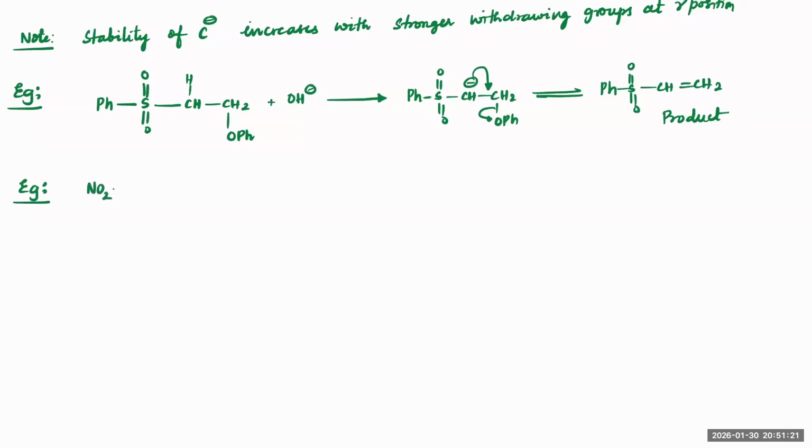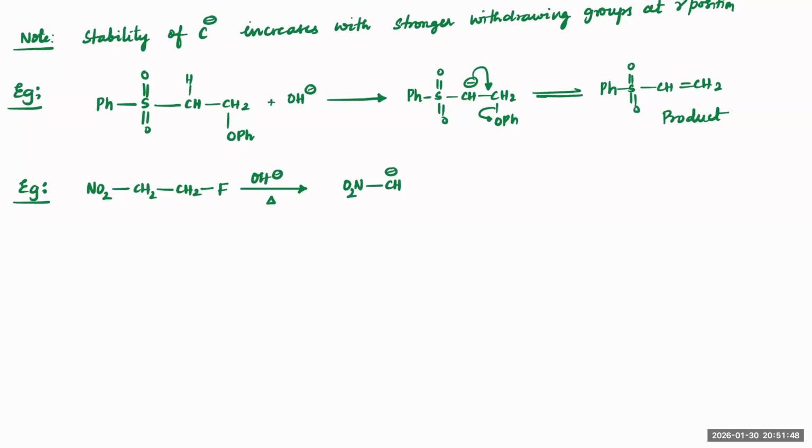See, NO2 is connected with CH2, then CH2 fluorine. Okay, and this is being treated with OH minus and heat. So what do we get? This OH minus can take H plus away from here. The gamma position itself is covered by NO2. That is going to make it more stable because NO2 will have resonance stability.